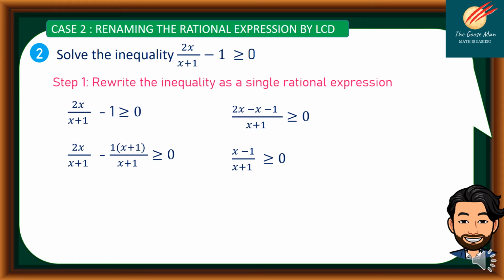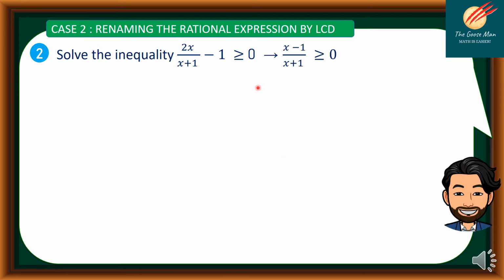Now, I know that the derived inequality is x minus 1 all over x plus 1 greater than or equal to 0 as a single rational expression. The next step is to determine the boundaries. If the numerator is equal to 0, x is equal to 1, so the function is equal to 0.